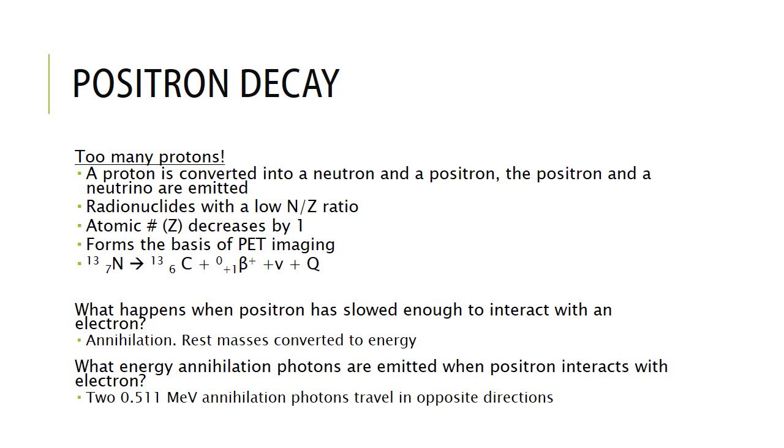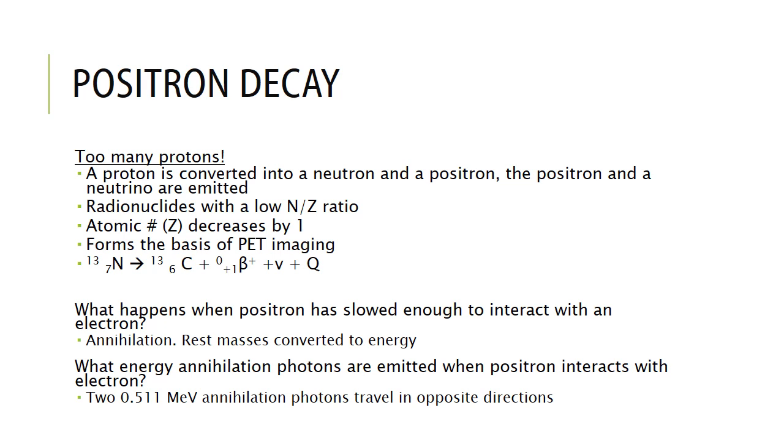So what they're going to do is convert a proton into a neutron, and they're going to emit a positron. After the positron emission, the atomic number Z of the daughter nucleus is decreased by 1, and the neutron number N is increased by 1. The mass number A of the parent and the daughter nuclei is the same because the sum of the protons and the neutrons is going to remain the same.